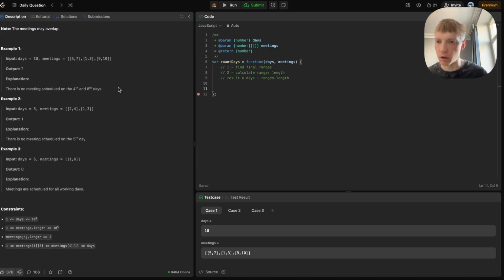We should merge ranges somehow. How to do it efficiently, despite the fact that we have a lot of ranges?